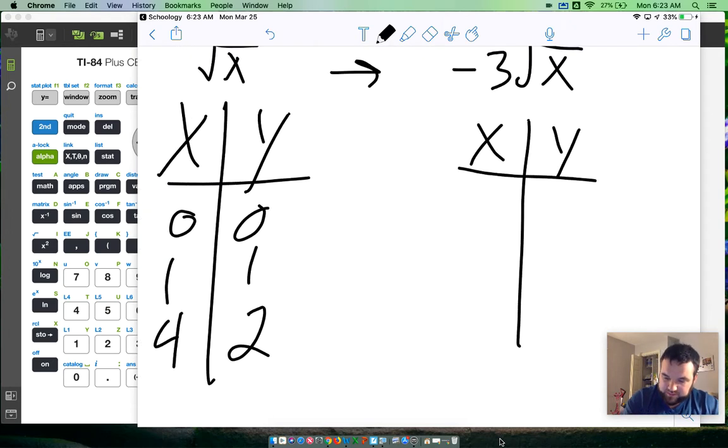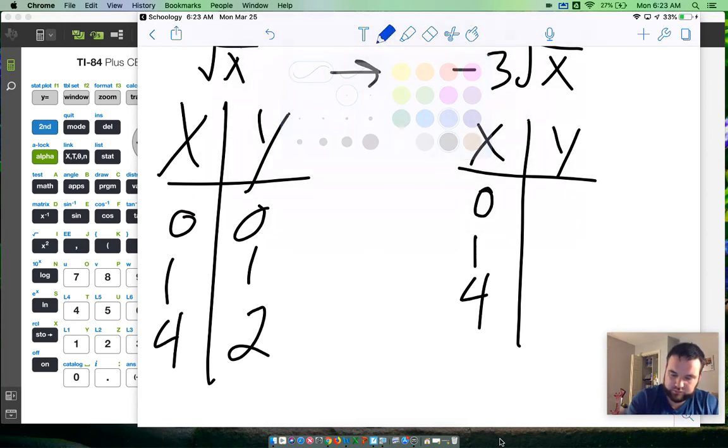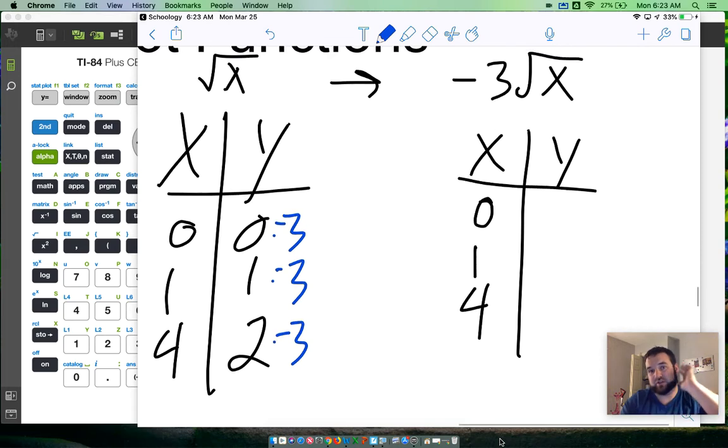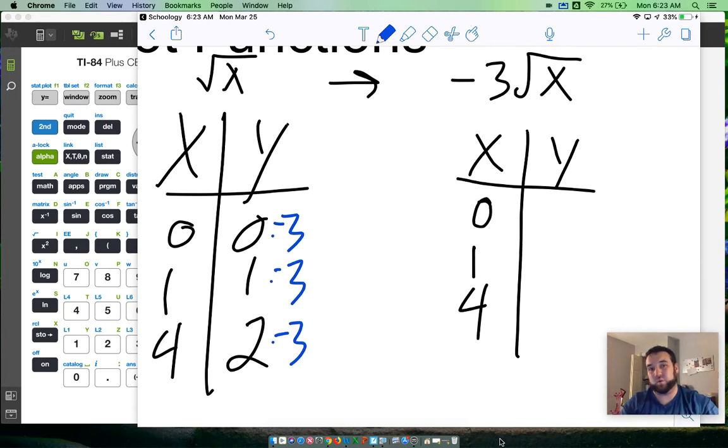So I'm going to keep 0, 1, and 4 for my domain, but I'm going to triple these y values. And I'm actually going to multiply by -3 because that's the number in front. If you recall, a negative number is actually going to flip it as well. That's one thing that I didn't explicitly cover, but we'll see how that works very quickly.